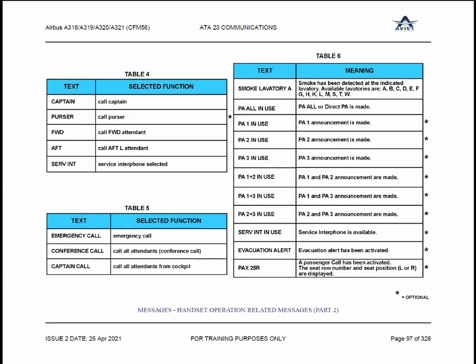Now, here itself, one or two things are applicable. What if you are on ground and the engine is running? Your sound will be reduced, isn't it? You won't be able to hear the announcement and all these things clearly. So the computer will automatically increase the sound level. How? Provided it knows that the engine is running.